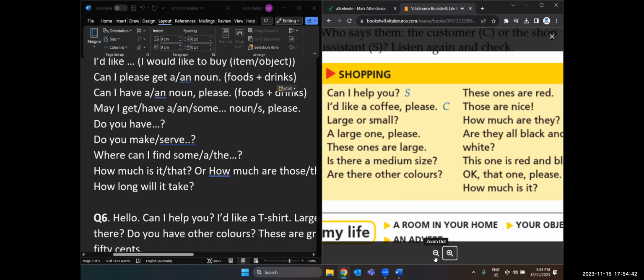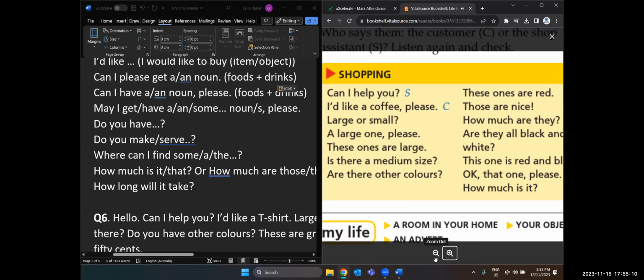Conversation 3. Hello, can I help you? Hello. I'd like a ball, please. A football? A tennis ball? Sorry, a football. Well, the footballs are here. Are they all black and white? No. There are also ones for different football teams.